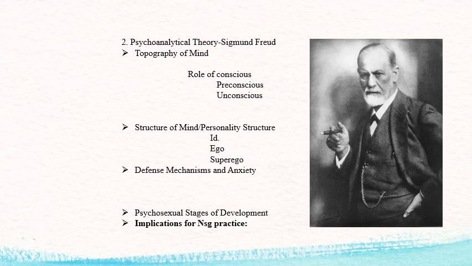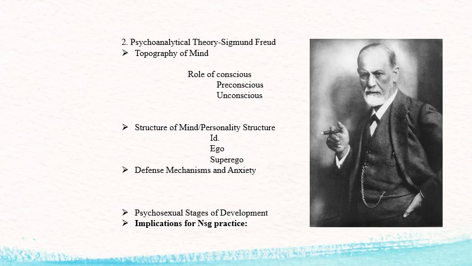The conscious is where memories are within awareness, such as your phone numbers, birthdays, that sort of thing. There's the role of the preconscious, where memories are not in awareness, but you can recall them or have access to them quickly if you think about it or spend some time with it.